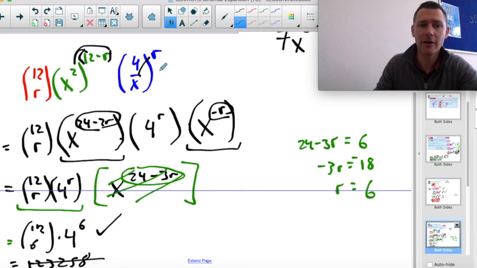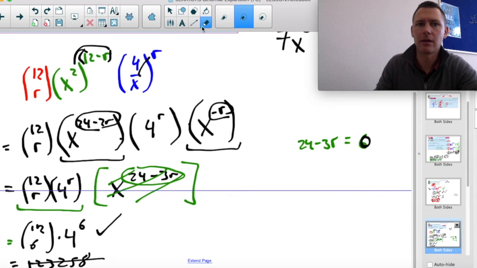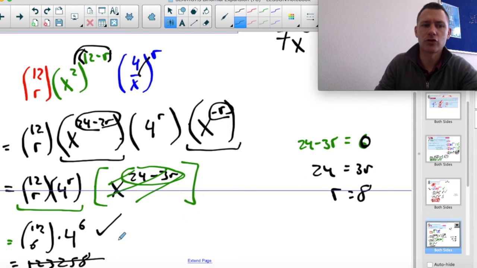So you play this entire same game, but instead of setting the exponent to 6, you set it to 0, and you solve again for r. In this case, you get r is 8, and you just drop the 8 into here. So the only thing I would change is this.